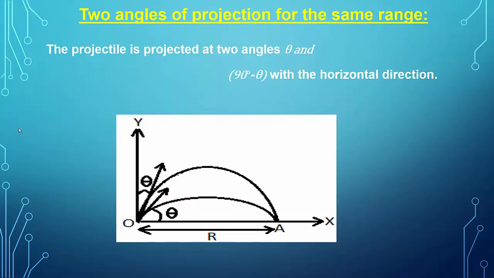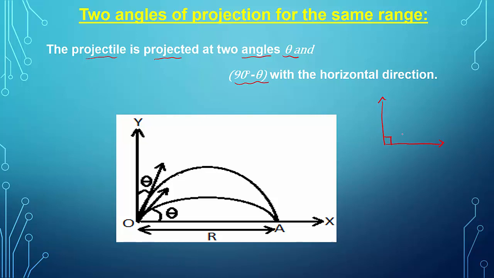Now let us study the next part, that is two angles of projection for the same range. You can observe here the projectile is projected at two angles. You can observe this diagram, theta and 90 minus theta. See here, this is the horizontal and this is the vertical direction.